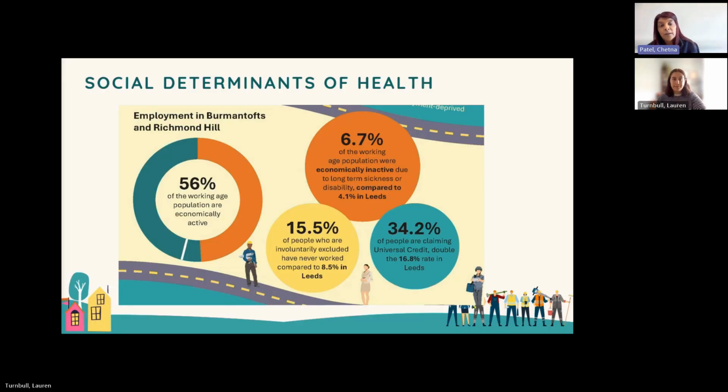And we also know that those who are working are often still economically deprived because they're claiming universal credit. So we have higher rates of people who claim universal credit compared to those in Leeds.